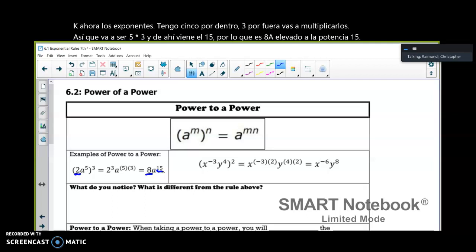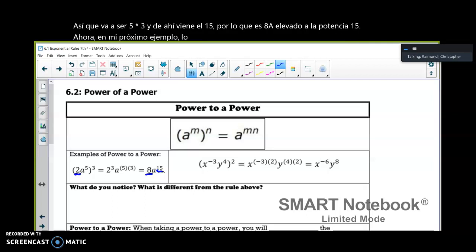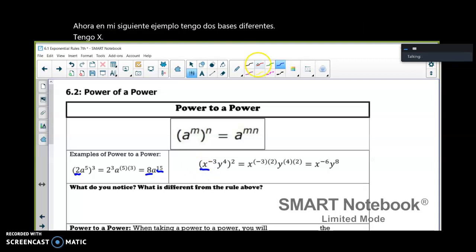Now in my next example, I have two different bases. I have x and I have y. So I'm going to do my x's first. So my x is raised to the negative third. This 2 has to go to both.